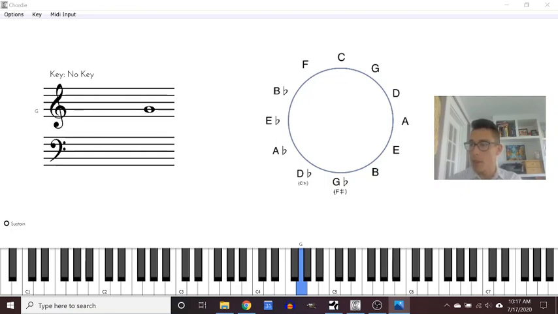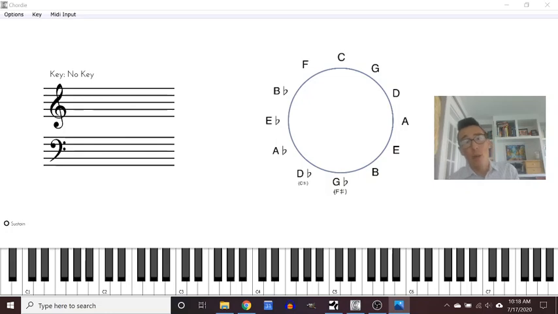Going from C, 1, 2, 3, 4, 5, we get the fifth, G to D. I'll spare you the rest of the circle here, but that pattern will remain. So the line of fifths would sound something like this. That's called the line of fifths or the fifths progression.